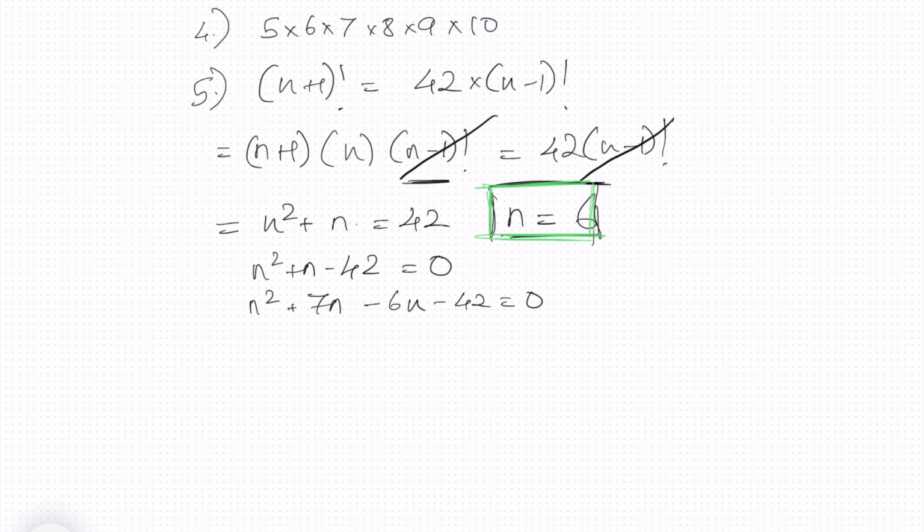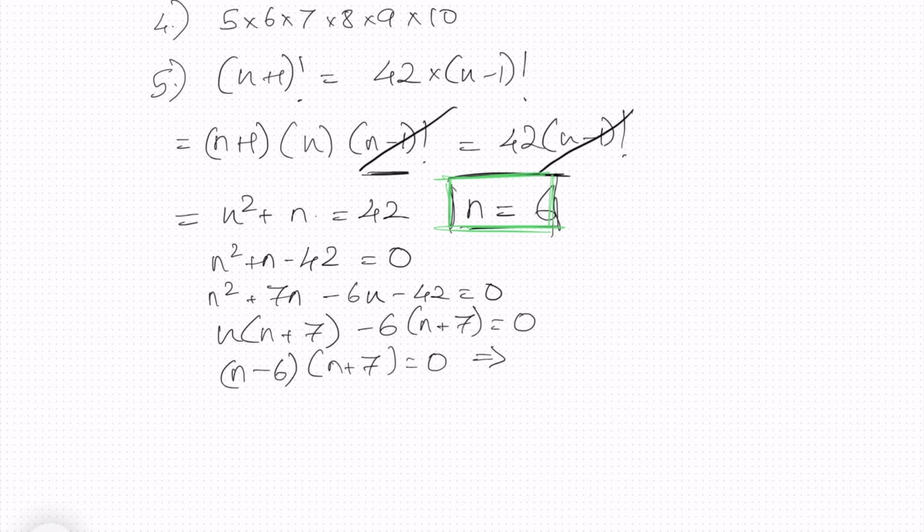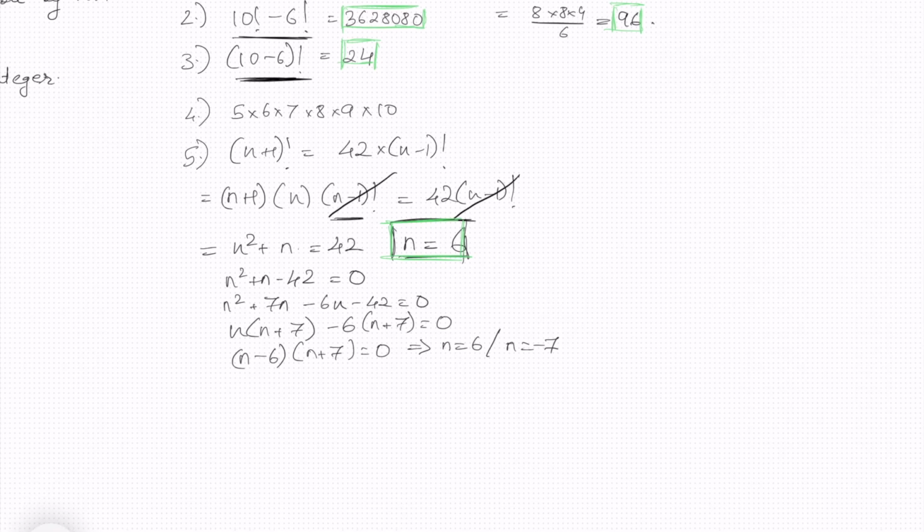Now I've taken 7 and 6 because 7n minus 6n is n, and 7 times 6 is 42. So I can write this as n into n plus 7 minus 6 into n plus 7, or n minus 6 into n plus 7 equals 0, implying that n is 6 or n is minus 7. And we're ignoring the negative root of this equation, so n is 6.